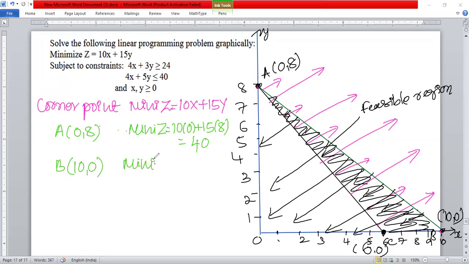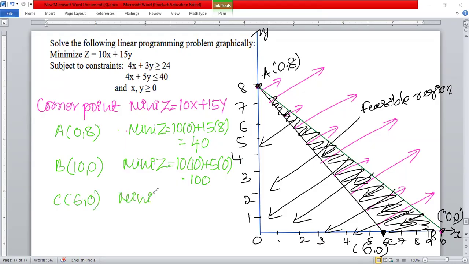So B corner point 10 comma 0. So Z is equal to 10 into 10 plus 15 into 0. So 100. So C corner point 6 comma 0.